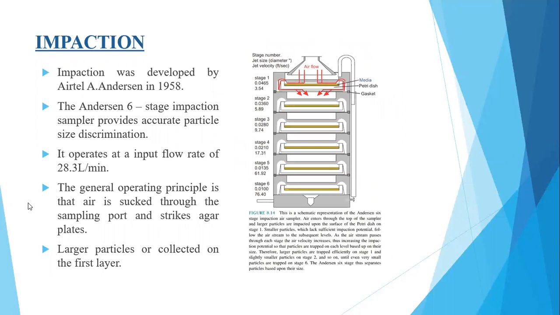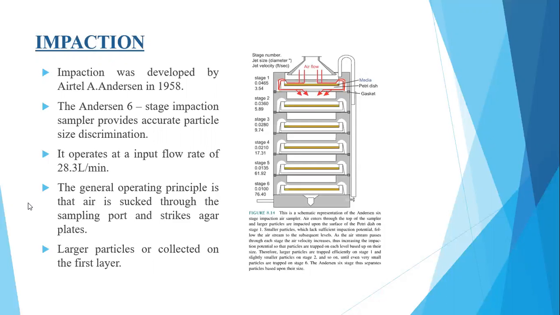Next one is impaction. Impaction was developed by Andersen in 1958. The Andersen six-stage impactor sampler provides accurate particle size discrimination. It operates at an input air flow rate of 28.3 liters per minute.